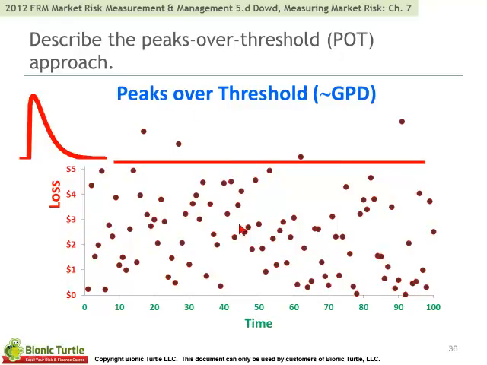So it looks a little like expected shortfall, but it's really concerned specifically with the distribution of losses above the threshold. And so in the limit, how do we characterize just the behavior of these losses above a threshold? That theory will show that we can use the GPD distribution to characterize these peaks over threshold. I think it's generally considered a more modern and more common approach.